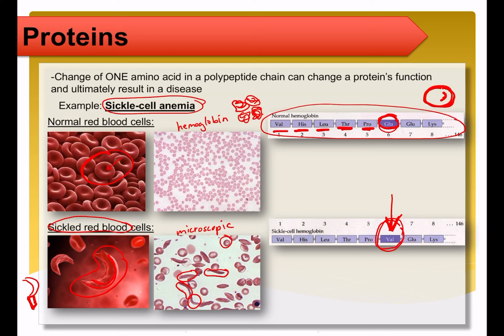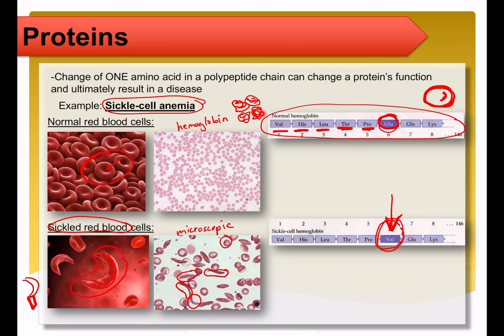And this dramatic change in shape results from just one amino acid difference in a protein that is made up of about 574 amino acids total. Okay, so one hemoglobin molecule, just like this right here, in this structure, is made up of approximately 574 amino acids.